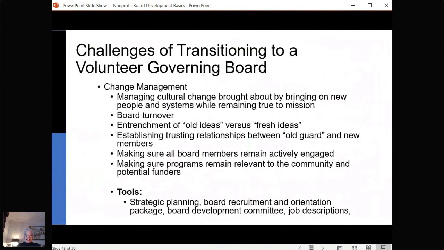So the challenges of transitioning to a volunteer governing board from one of those working boards is the change management. You've got to manage the cultural change brought about by bringing on new people and systems while remaining true to the mission. And I would caution you too that you don't want to do this too quickly, because change is hard anyway.